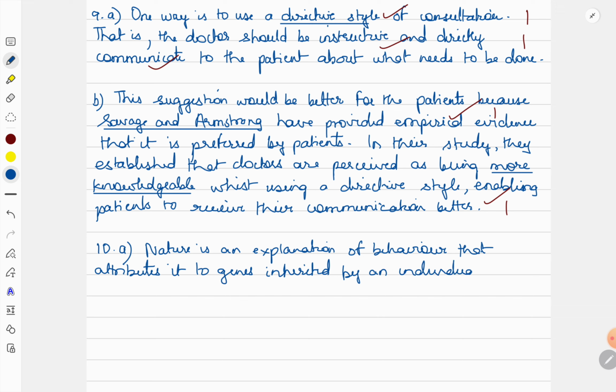Nurture is an explanation that attributes behavior to learning from the environment.